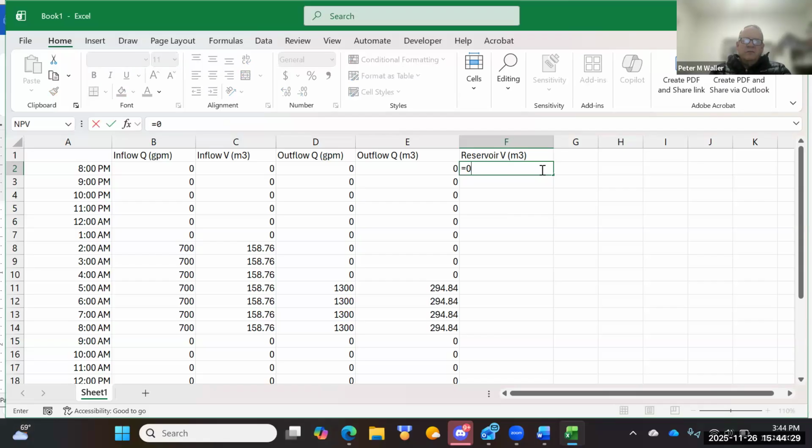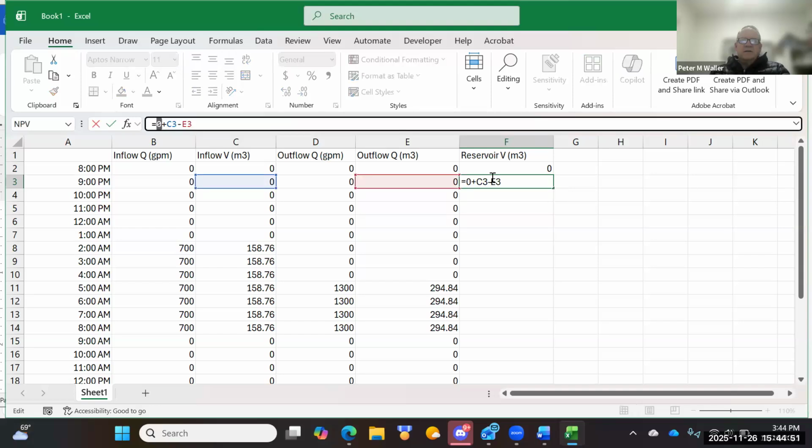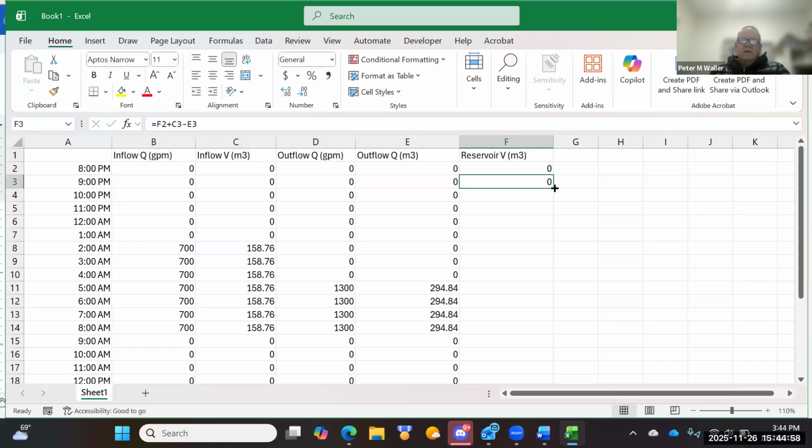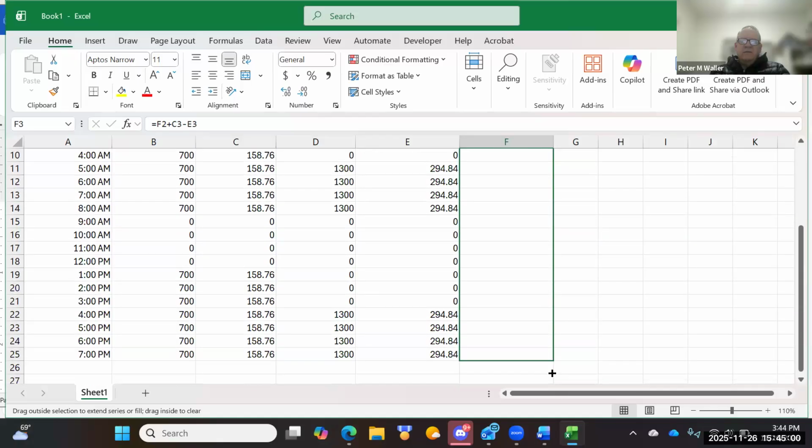So 0 plus what's coming in there minus what's going out there. And then the only difference in the equation, instead of starting at 0, I'm going to start with whatever I had the last time step. Okay, I'll fill that down.